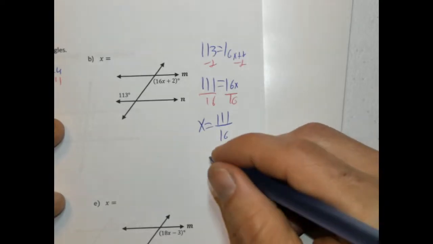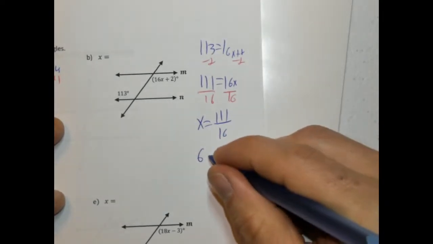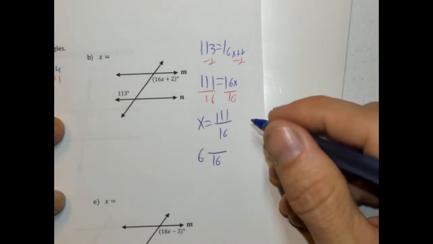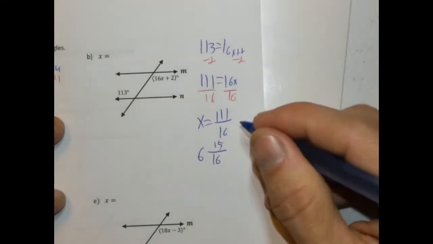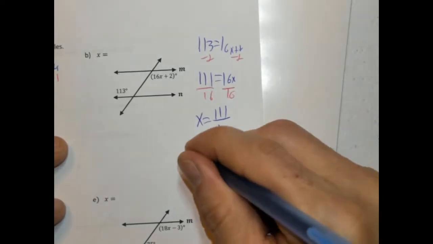So we're going to get 6 and 15 sixteenths. All right, that's interesting.